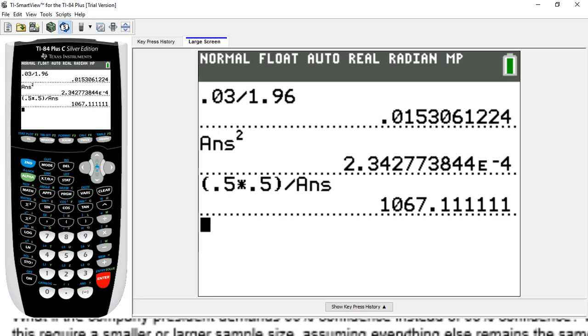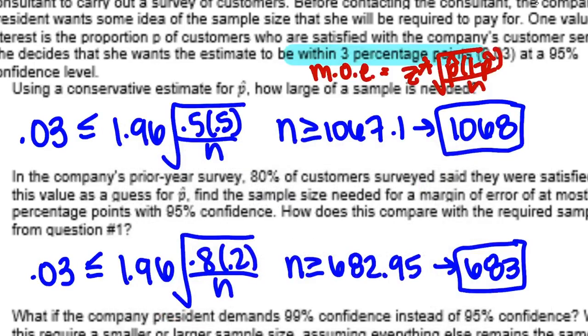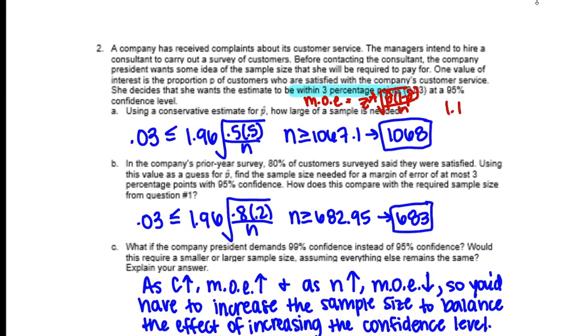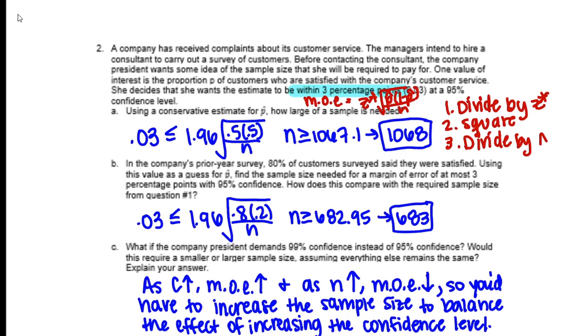And then we always round up. So I'm going to write those 3 steps right here on the paper in red. So we divide by z star, then we square, and then divide the numerator by the answer.